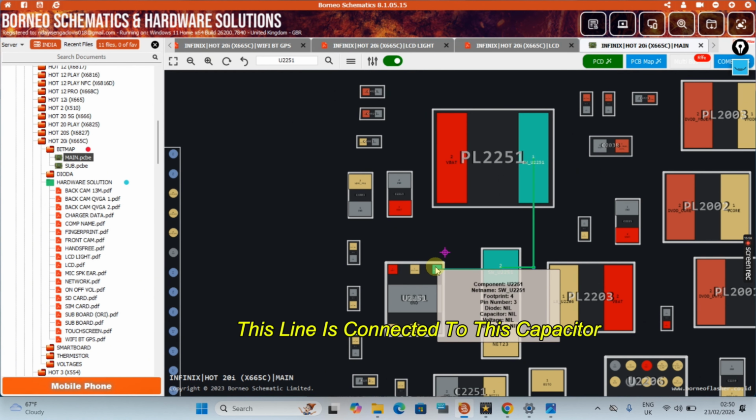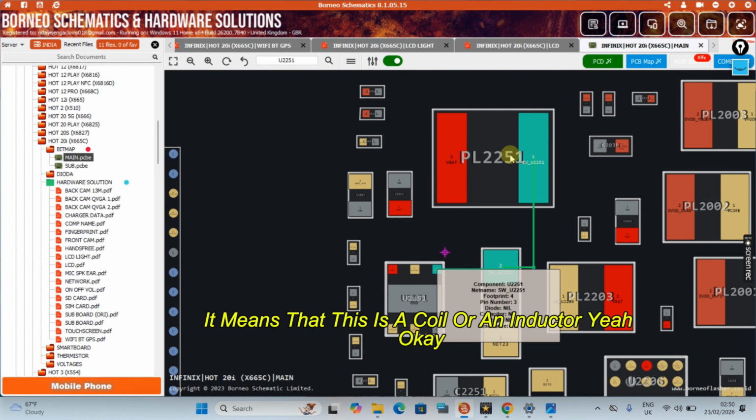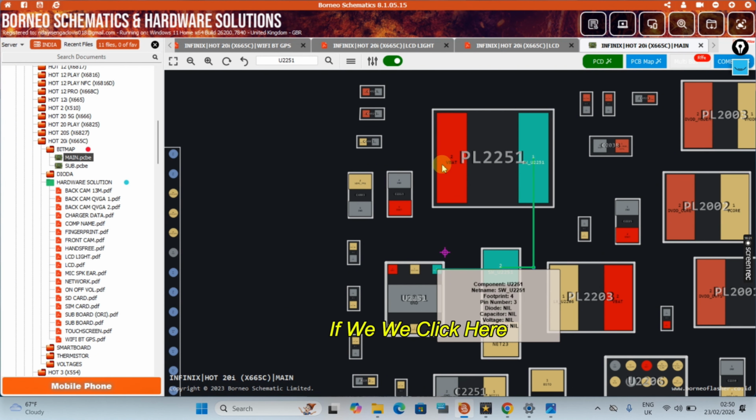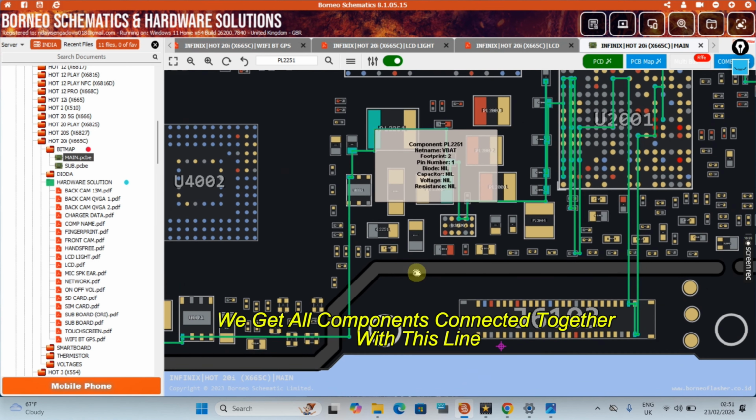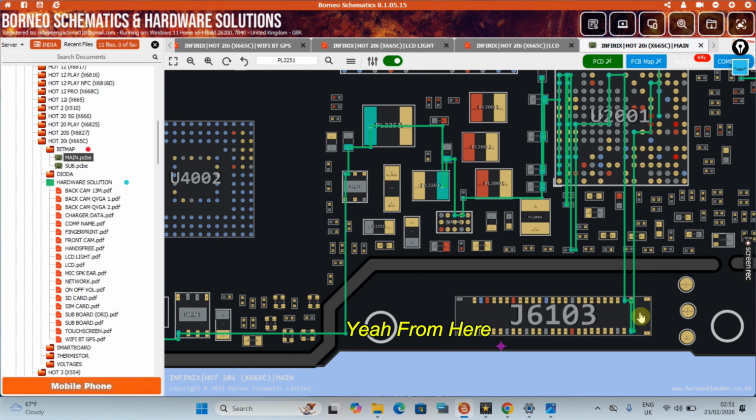For example, this line is connected to this capacitor and this inductor. When you see PR, it means that this is a coil or an inductor. If we click here, we get all components connected together with this line.